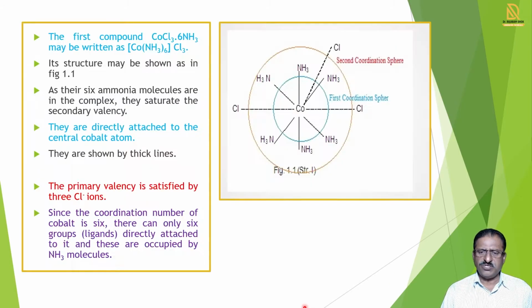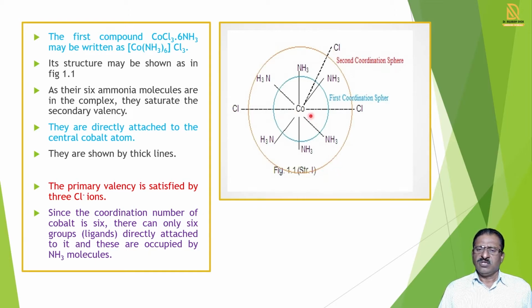Now this 1 Cl which is inside the bracket, how can we show this? For that purpose we see this structure. Now you see here the first structure: Co is attached by 6NH3. For the first example, this is the structure: Co is attached by 6NH3, and 3 Cl are outside the square bracket, in the second coordination sphere.